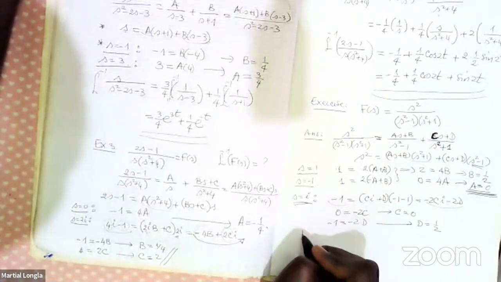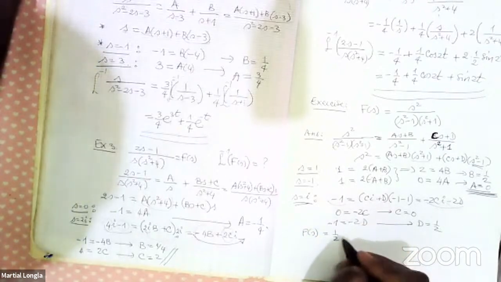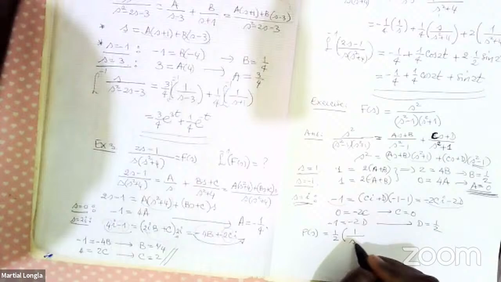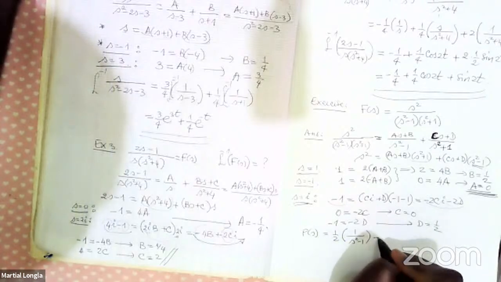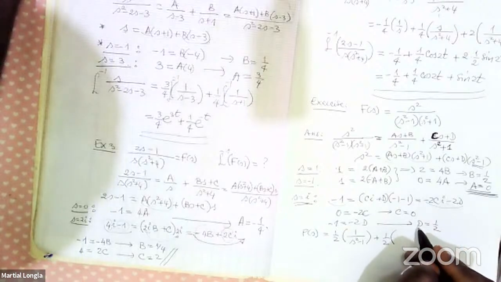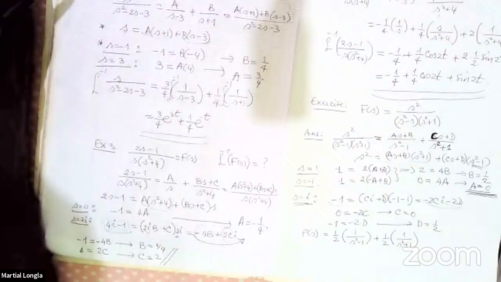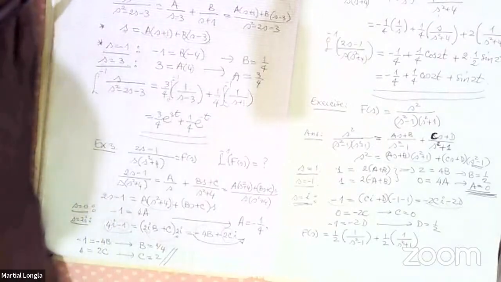So you get f of s equals 1/2 times 1 over s squared minus 1 plus 1/2 times 1 over s squared plus 1. Because a is 0 and c is 0, that's what you get.